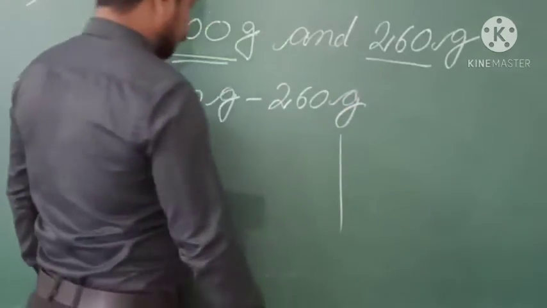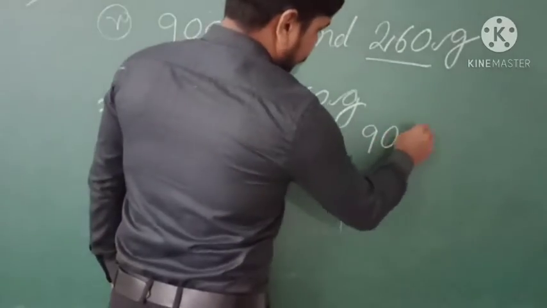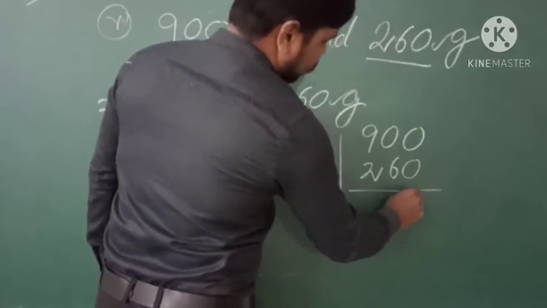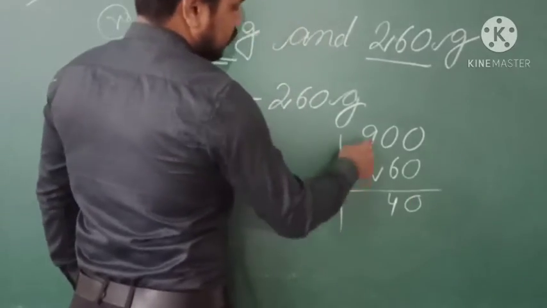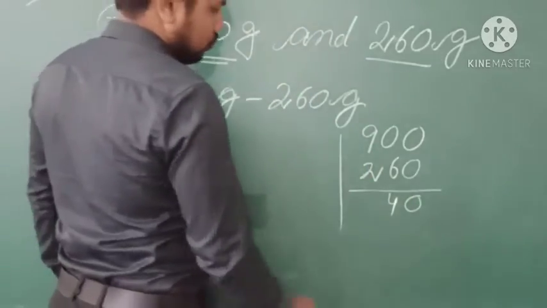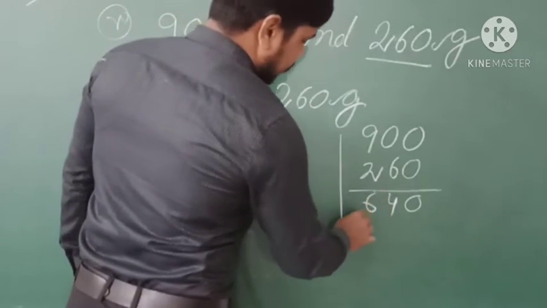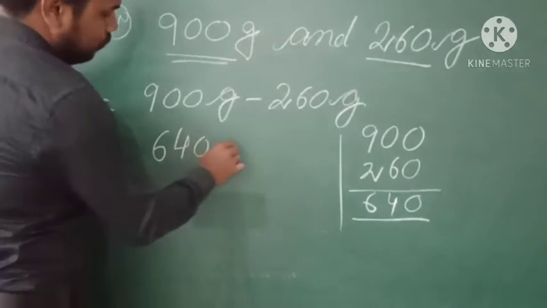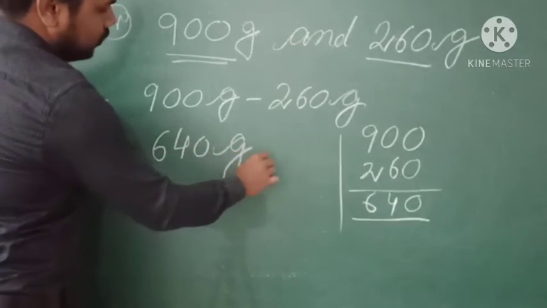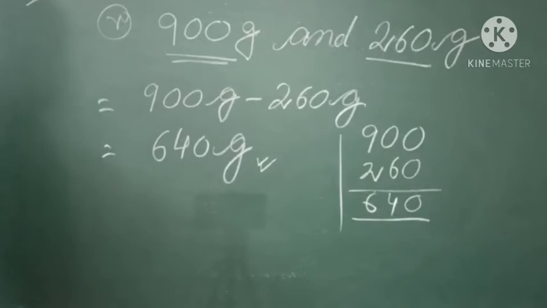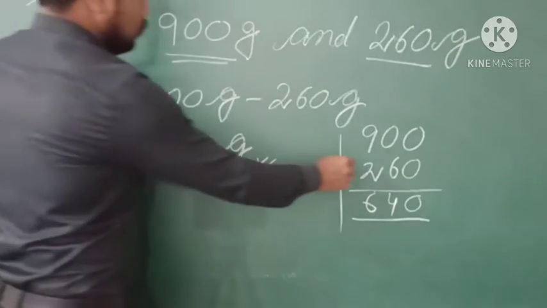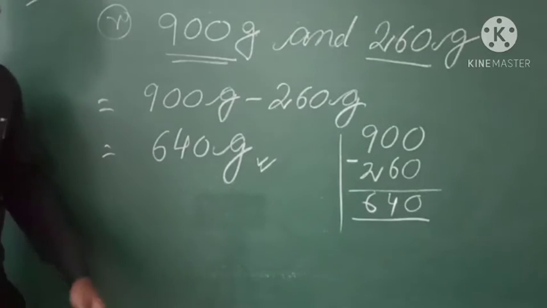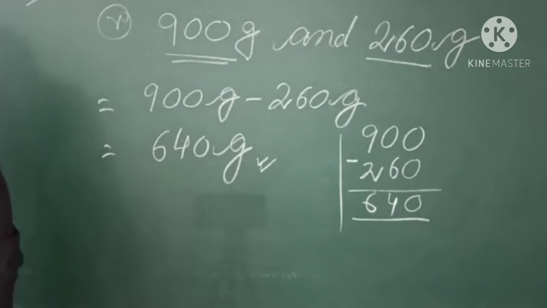We'll do the rough work here. 0, 6 plus 4 is 10, this will be 8, so 2 plus 6 is 8, 640 gram will be the answer. This is how very easily you can do the difference or the subtraction. Rest of all I hope you are able to do.